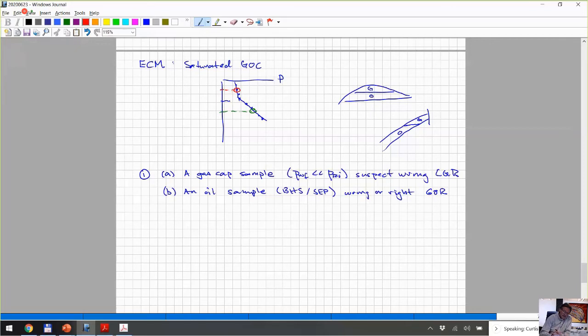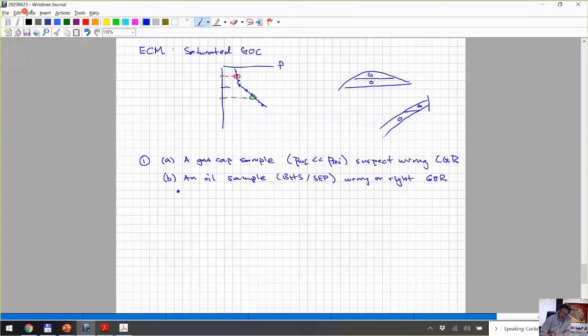so what this ECM procedure does, it just says mix, equilibrium contact mixing. It says mix A and B in a PVT cell.